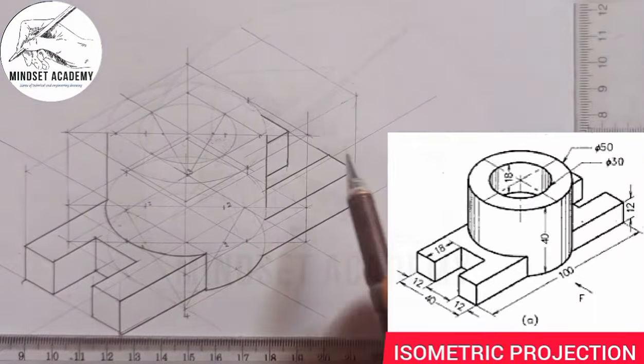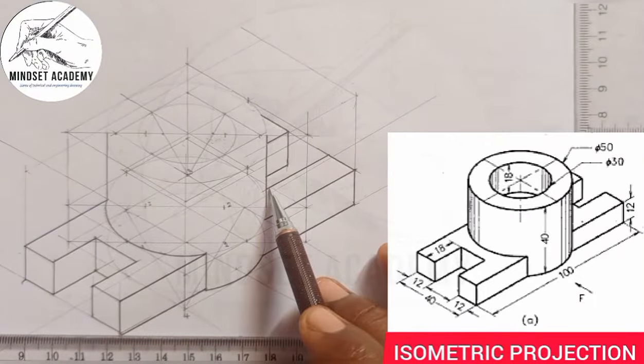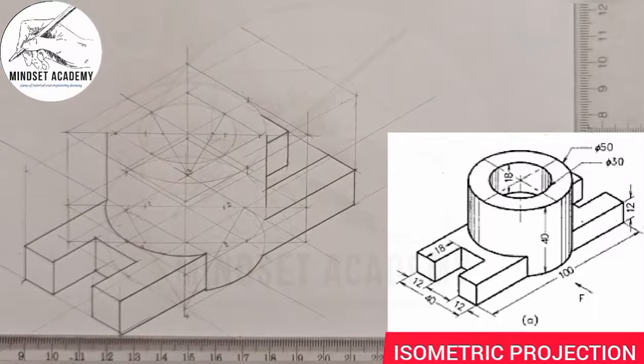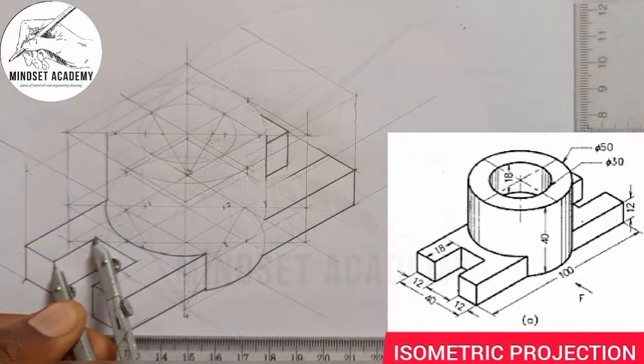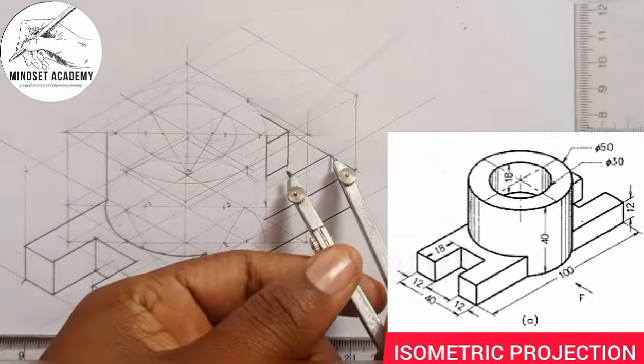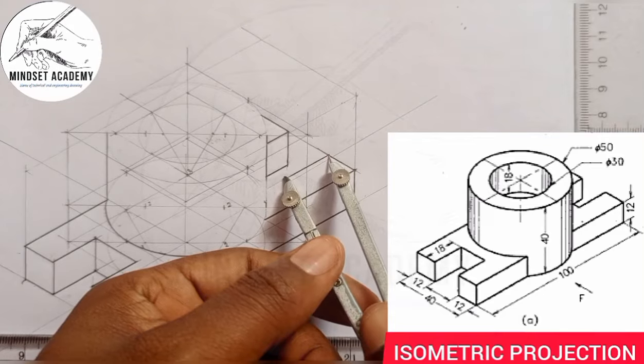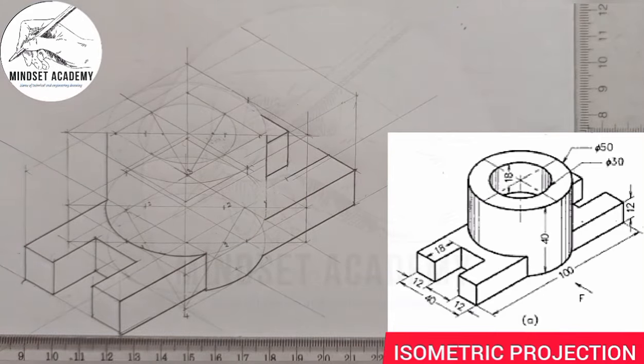I want you to understand this will not reach here, so I'm going to delete here off. Reason is from here to here is 18. I'll transfer the same point from here to here, which is 18. So this is where it's going to stop, right?